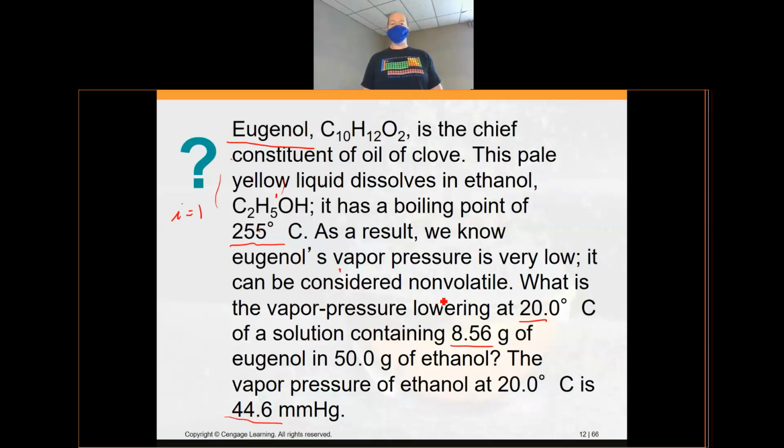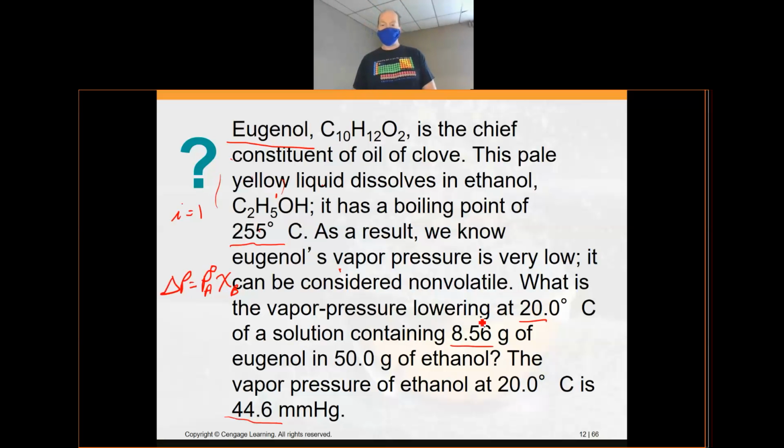So we're going to take 50 grams of that and add 8.56 grams of eugenol, and you have what is called a vapor pressure lowering. So your delta P is a vapor pressure lowering. That is your P naught, the little circle there meaning pure, of your solvent, which in this case is ethanol, times the mole fraction of your solute, which this time is eugenol.